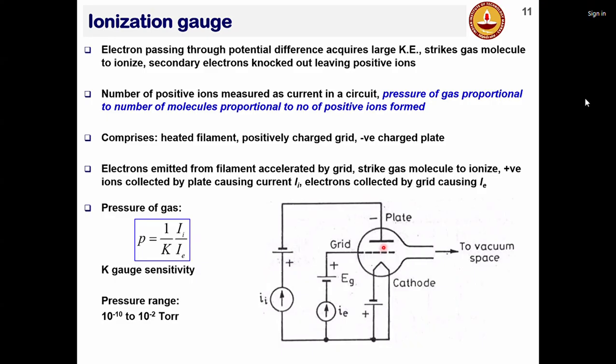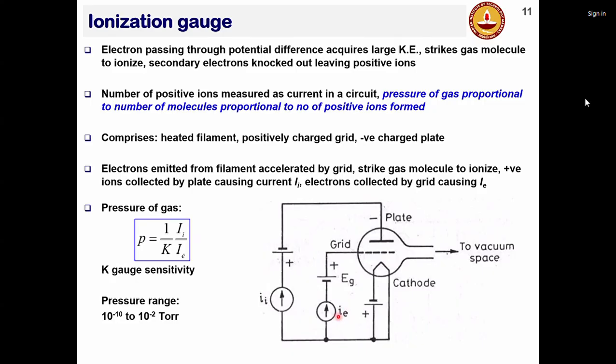The positive ions accelerate towards this negatively charged plate and give rise to some current, which is I subscript I in this circuit. The knocked off electrons are collected by this positively charged grid and give rise to this current, which is I subscript E.